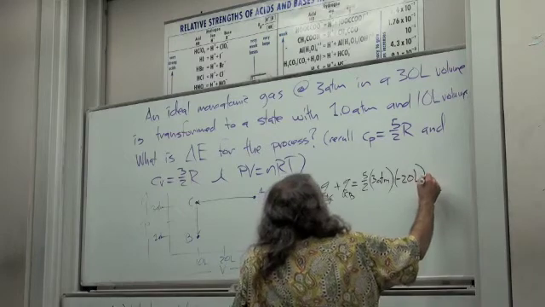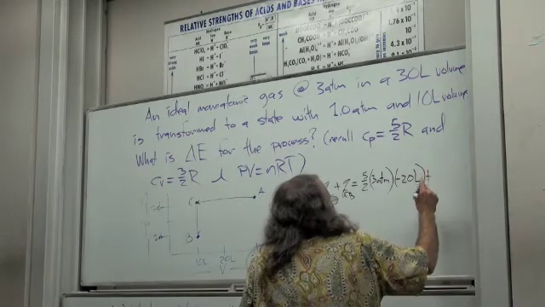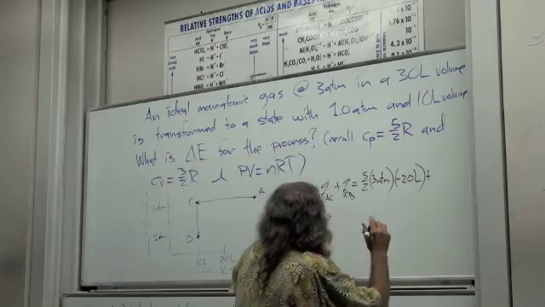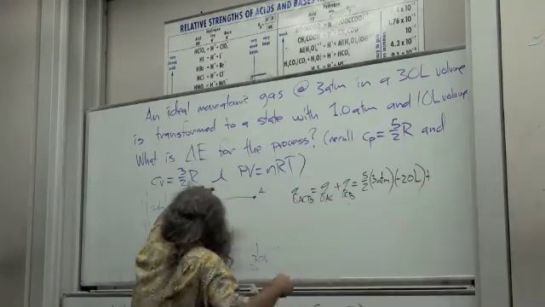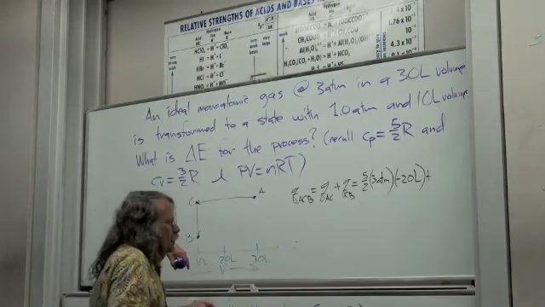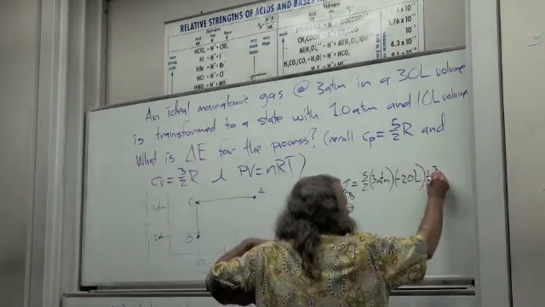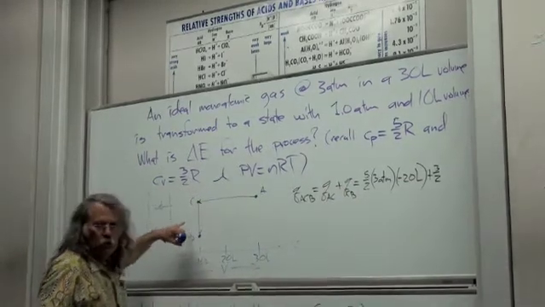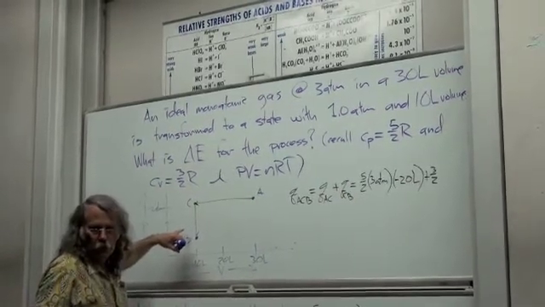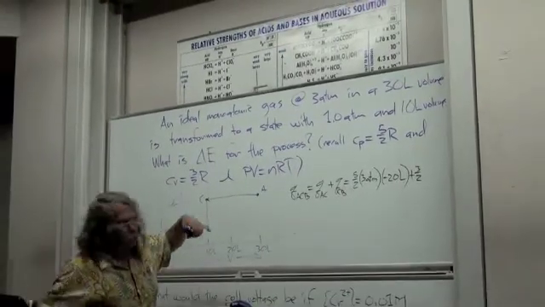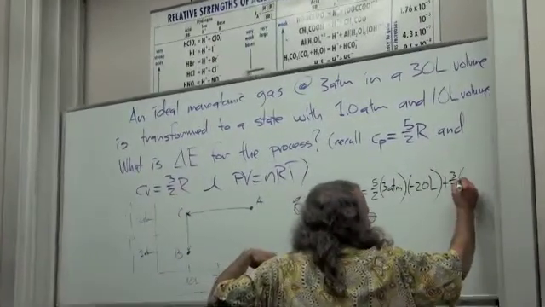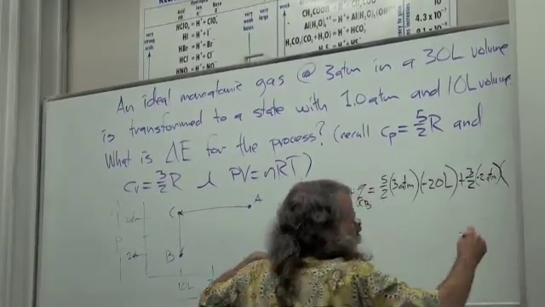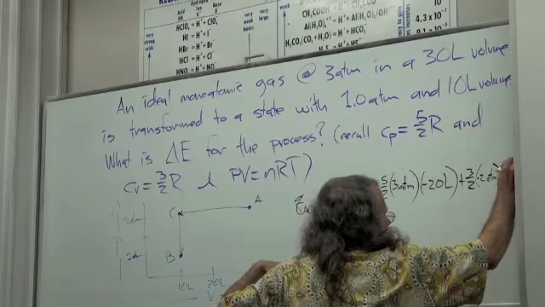And that plus, for the isochoric step, the heat is going to be equal to 3/2 times delta P, negative 2 atmospheres, times the volume, 10 liters.